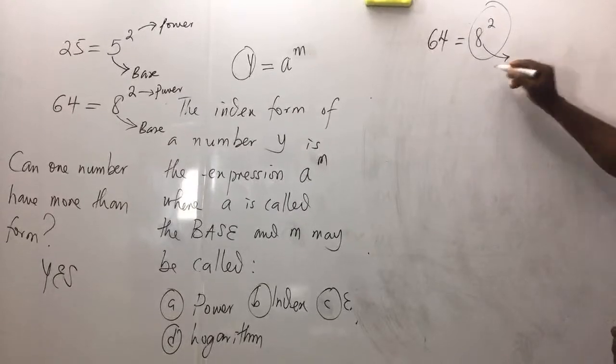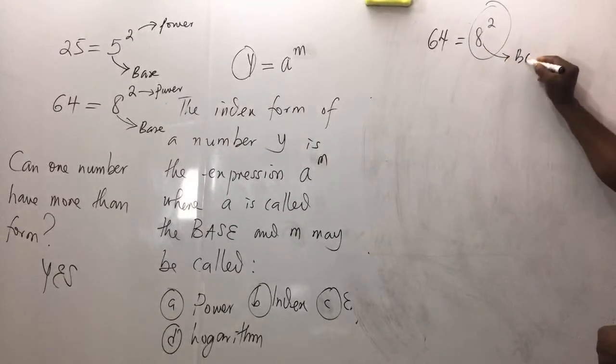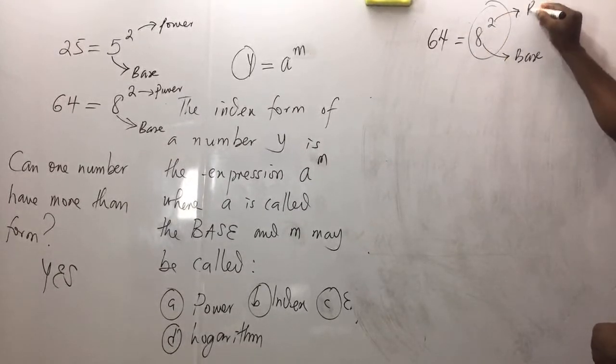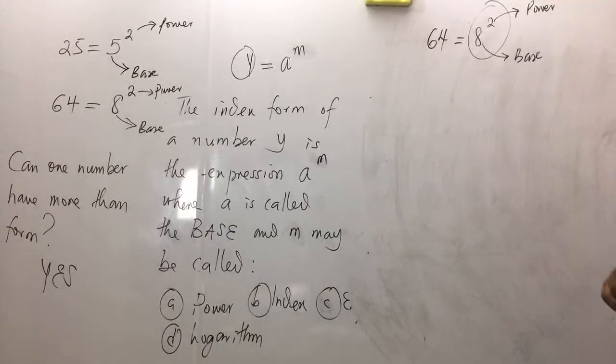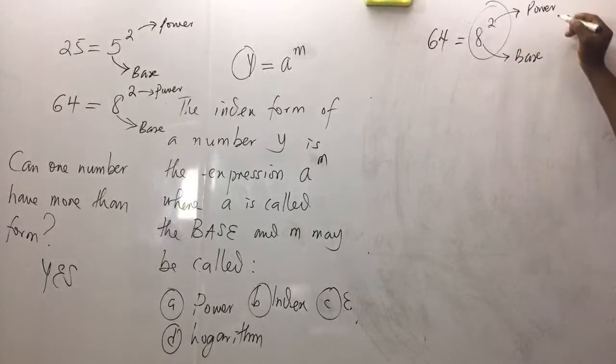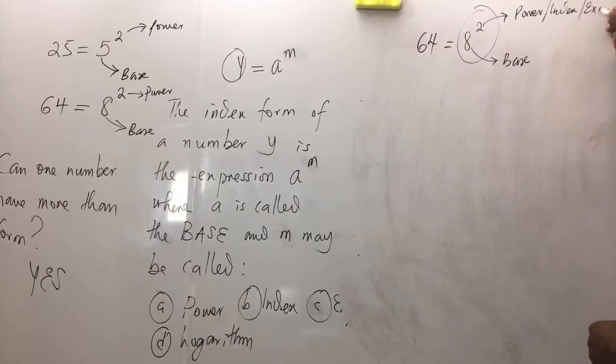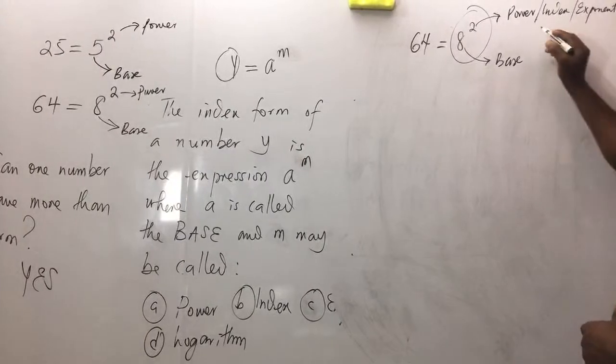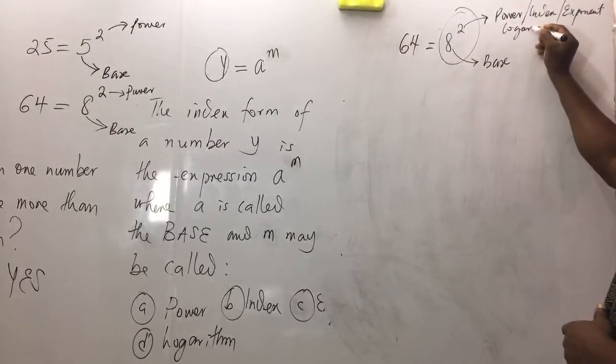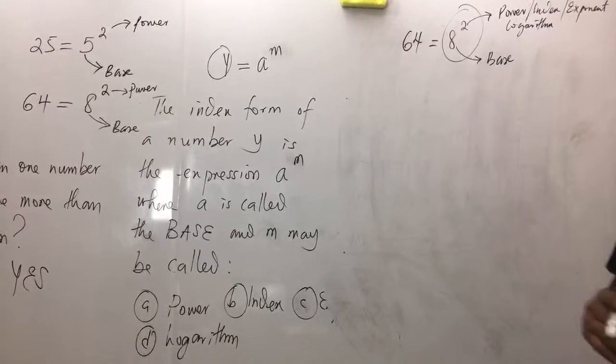In which instance, 8 is the base and 2 is the power. Take note, if you don't want to call it power, you could call it index. If you don't want to call it index, you could call it exponent. If you don't want to call it exponent, you could call it logarithm. But let's save that for a later discussion.